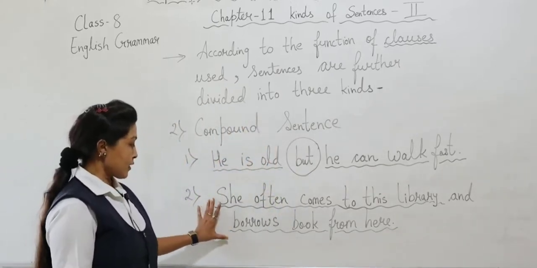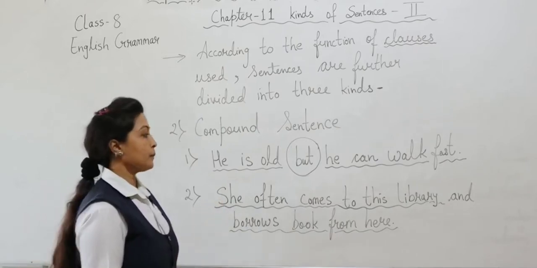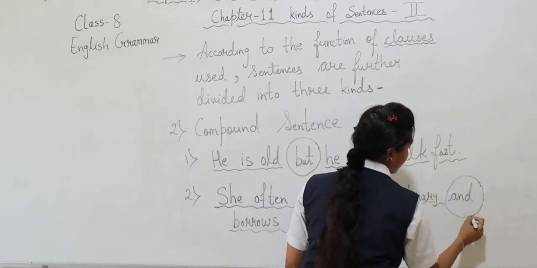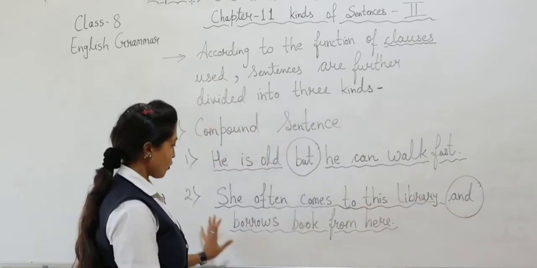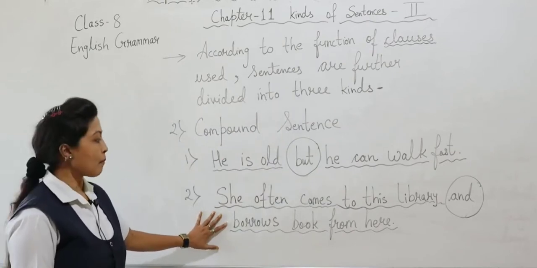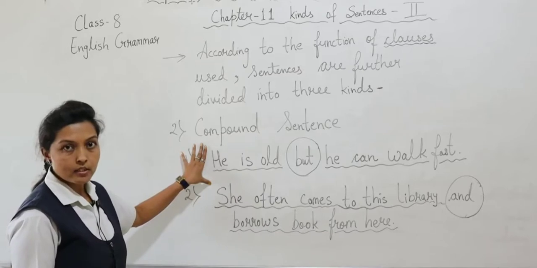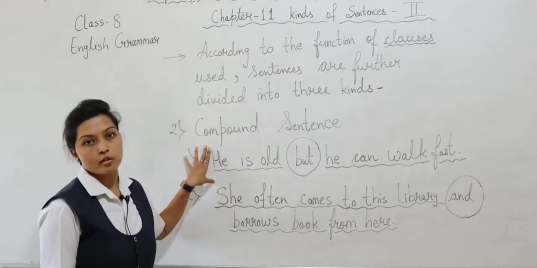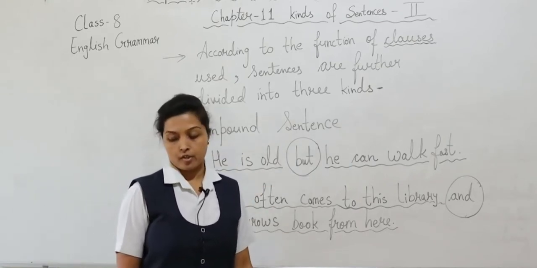These two parts are joined by the coordinate conjunction, that is and. So such type of sentences is called compound sentences. A compound sentence must have two or more than two clauses joined by a coordinate conjunction.